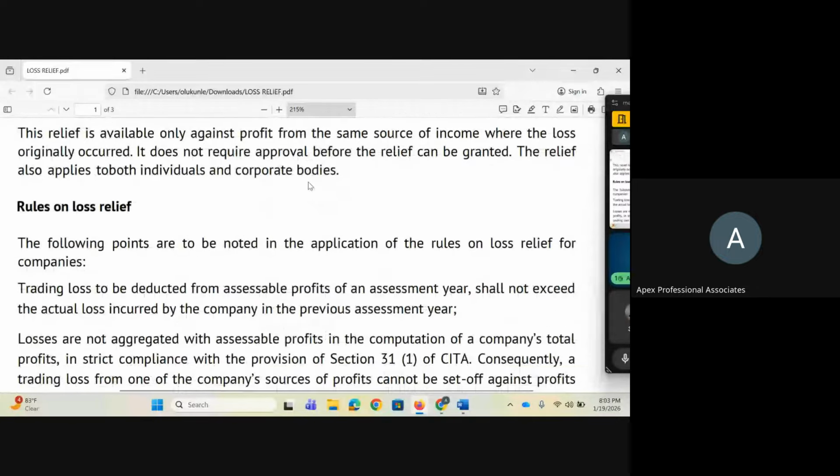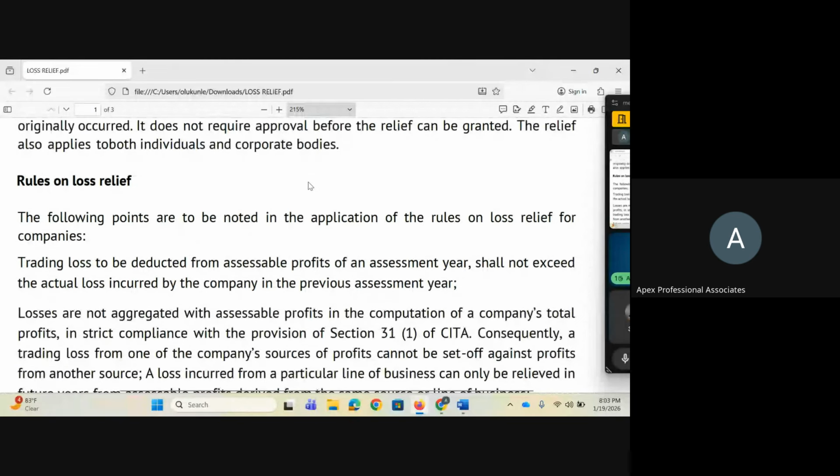So what are the rules on loss relief? Number one is that the loss to be relieved from your profit should not be more than the actual loss made in any year of assessment. That's the idea. What I'm saying may sound a bit vague because of the Finance Act.